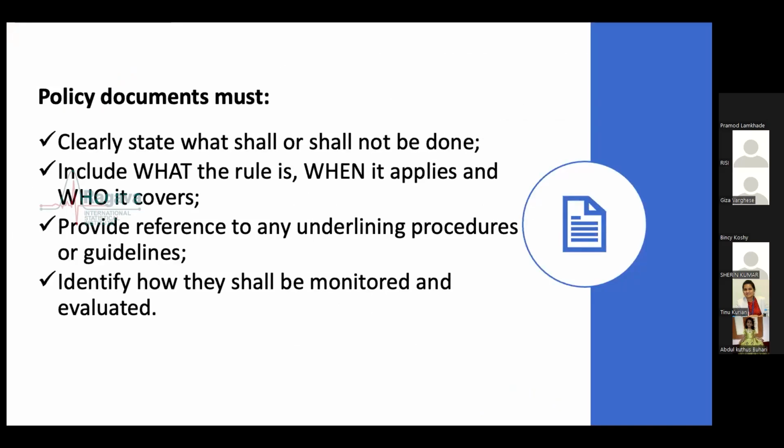A policy statement must state what shall or shall not be done. It should include what the rule is, when it applies, and who it covers. It should provide reference to any underlying procedures or guidelines. When you write a policy, there may be existing policies in your organization that must be read in conjunction with your proposed policy, so those references must be provided.